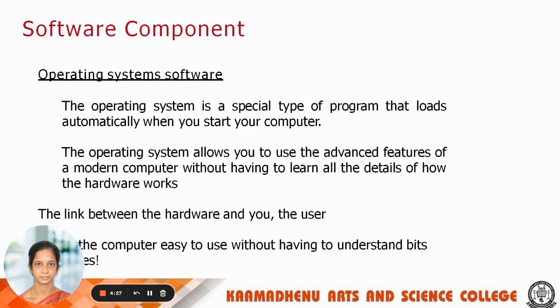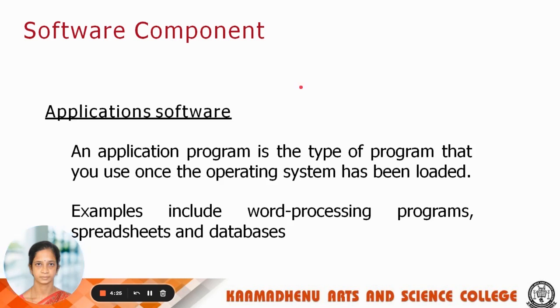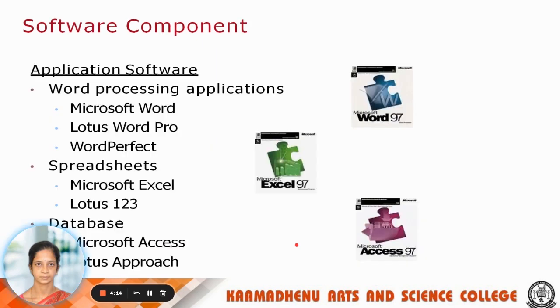Next, application software. An application program is a type of program that you use once the operating system has been loaded. Examples are word processor programs, spreadsheets, and databases. Word processing applications include Microsoft Word, Lotus Word Pro, and WordPerfect. Spreadsheets include Microsoft Excel and Lotus 1-2-3, and databases include Microsoft Access.